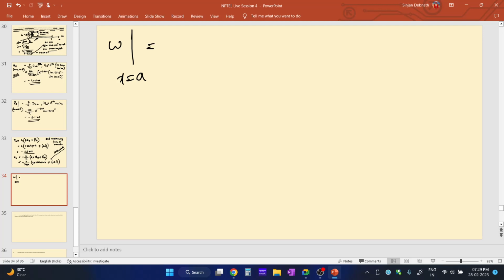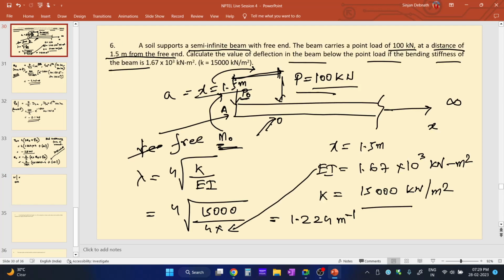There will be three terms. Okay. In the diagram you can see the 100 kN load P acting. So for P there will be deflection.